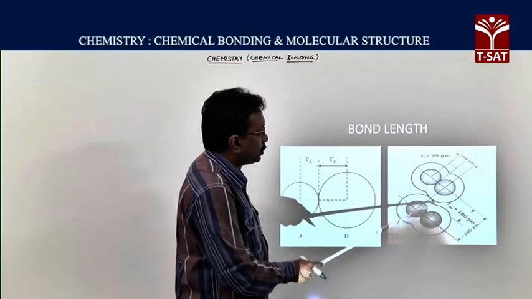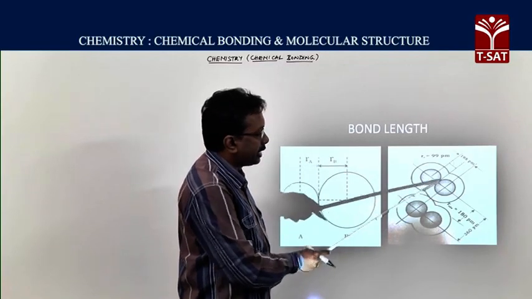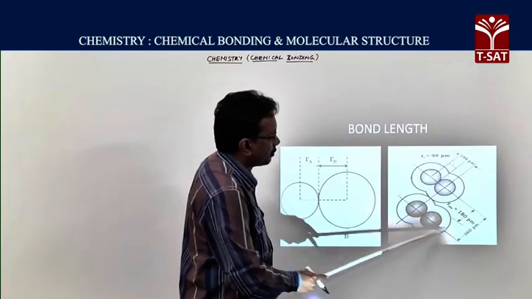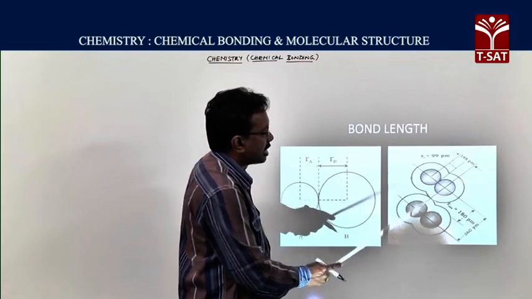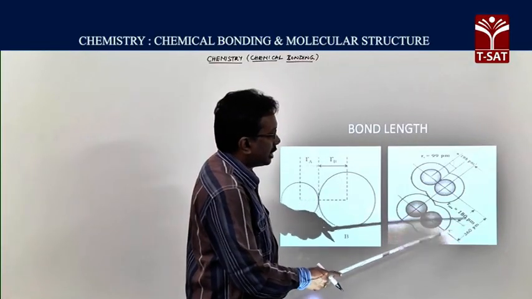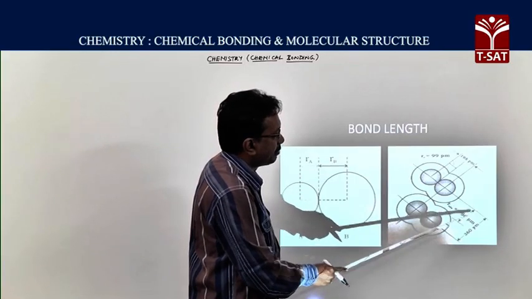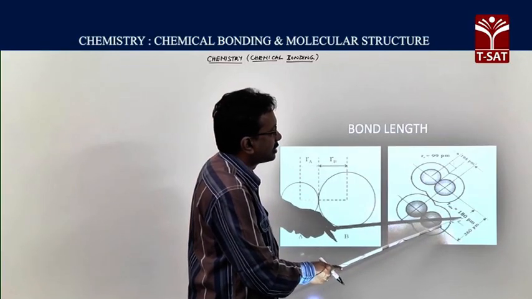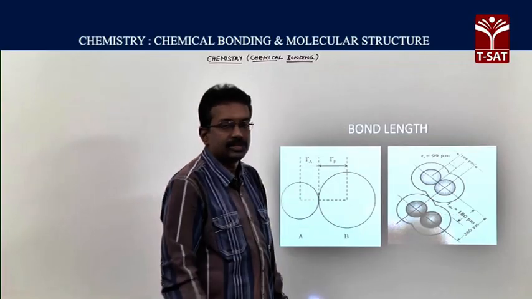Now between these two, van der Waals forces are operating, and this is the distance you have to maintain for having this van der Waals force of attraction. Now half of this, 360 by 2, 180 picometers, is called the van der Waals radius.